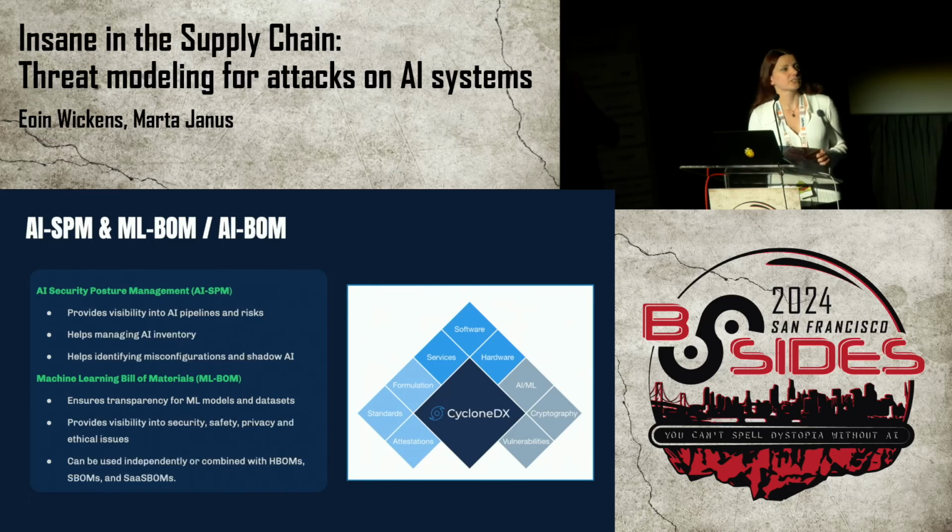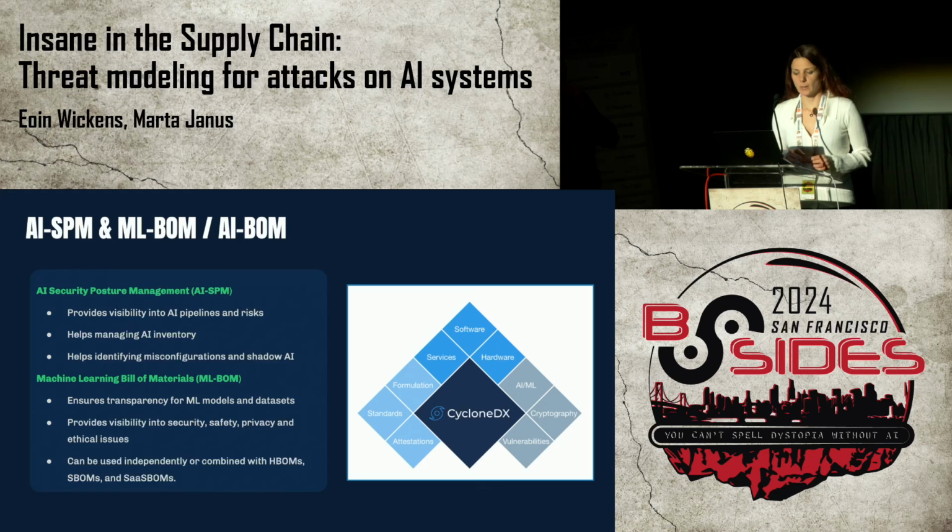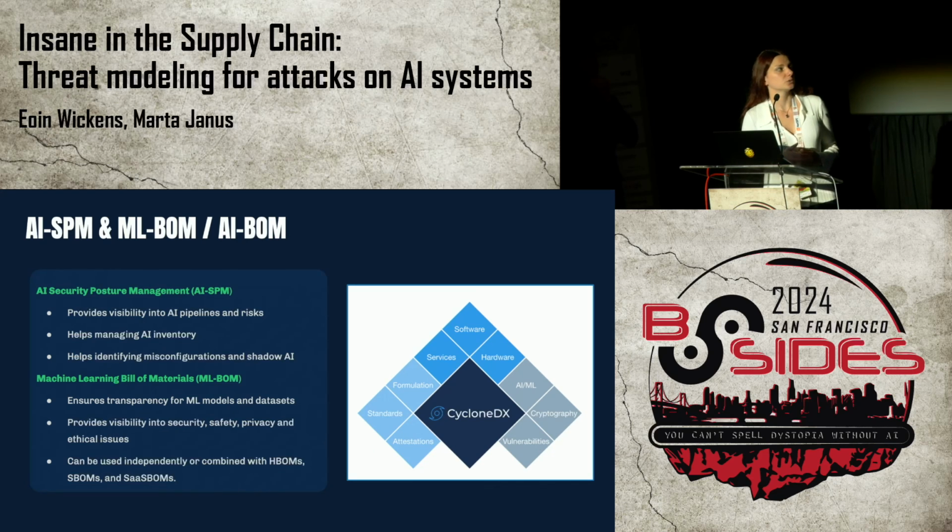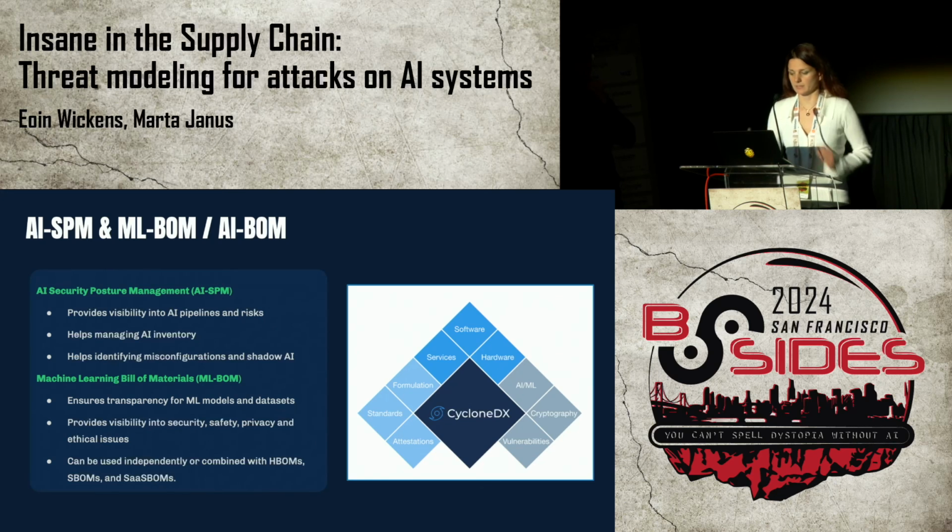The thing that was mentioned already at this conference is AI BOM, so the bill of materials, or machine learning BOM, ML BOM. Those things are being actively looked at and developed, as well as the AI security posture. So things that we apply to traditional software, now they are being ported to encompass the AI space as well.